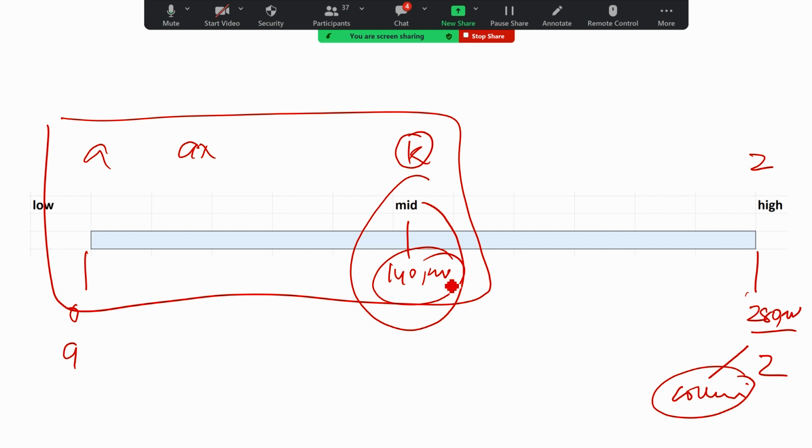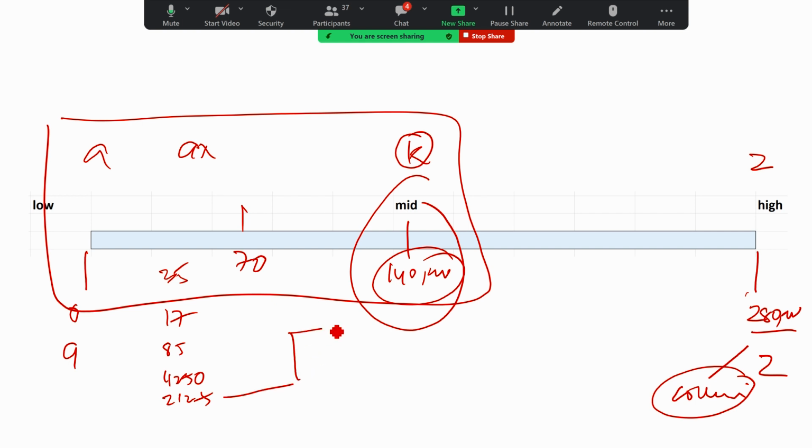So from 140,000, I reduce it again to how much? To 70,000. And then from 70, I reduce it to 35. And then from 35, I reduce it to what? I reduce it to 17,000. And then from 17, 8,500. Then 4,250. Then 2,125. And then I go back again.